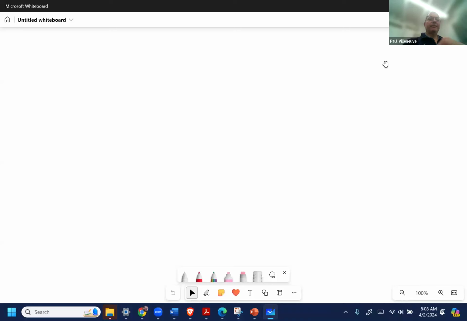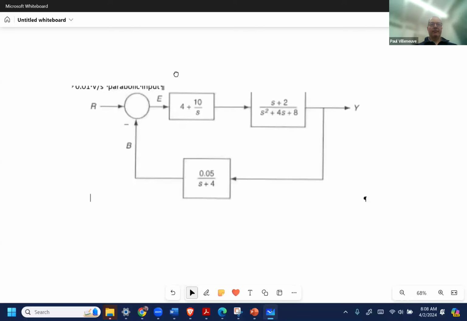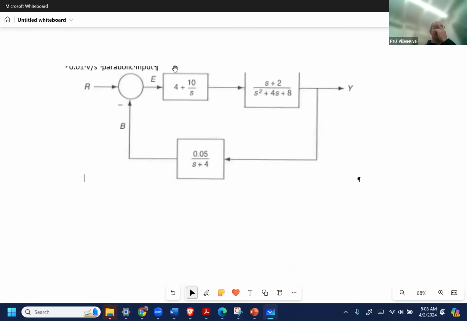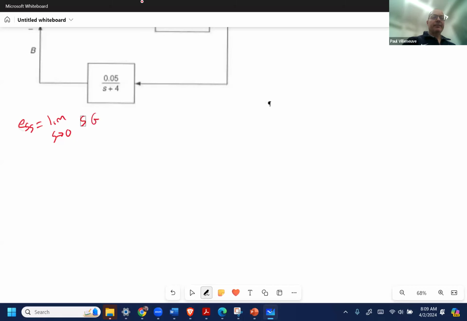Okay, so the whole thing about this work is we're going to be using our steady state error, which is ESS equal to the limit as S approaches 0 of S times GH, right?